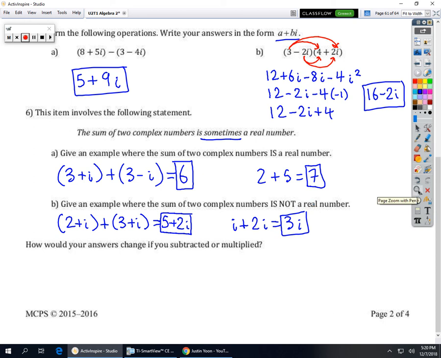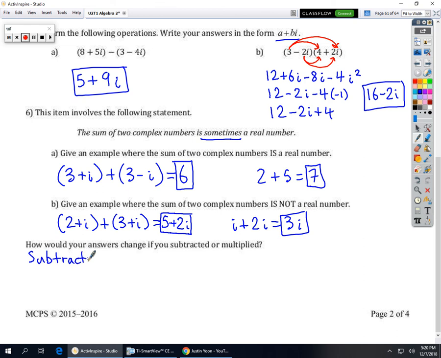Now, how would our answers change if we subtracted or if we multiplied? Not really. All of these are pretty much sometimes. If you took a look at subtraction, remember subtraction is similar to addition. So it's also sometimes.